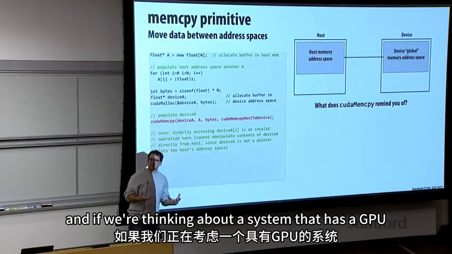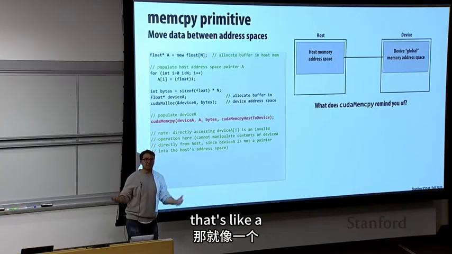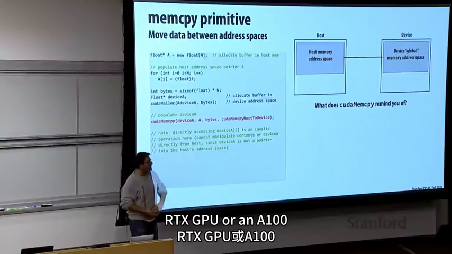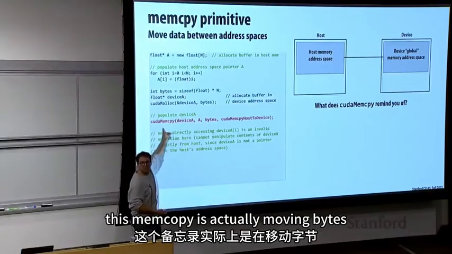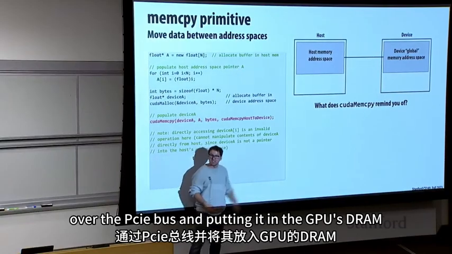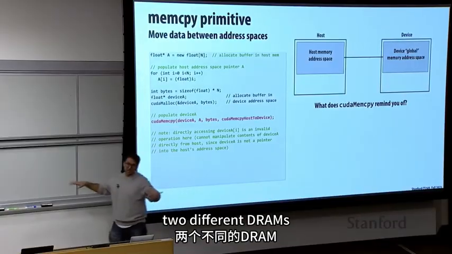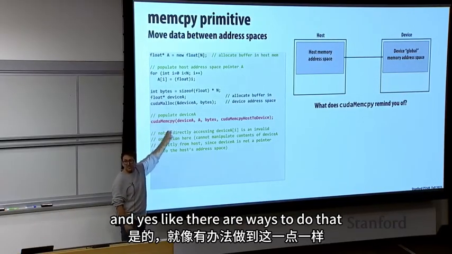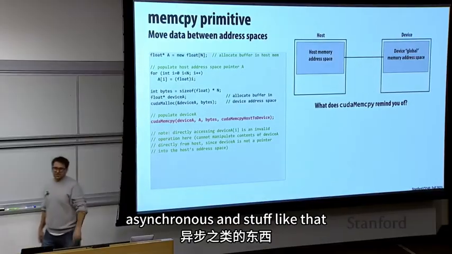If we're thinking about a system that has a GPU that's a discrete card, like an RTX GPU or an A100, this memcopy is actually moving bytes over the PCIe bus and putting it in the GPU's DRAM, two different DRAMs. So that's actually a slow copy, right? And yes, there are ways to do that asynchronously.